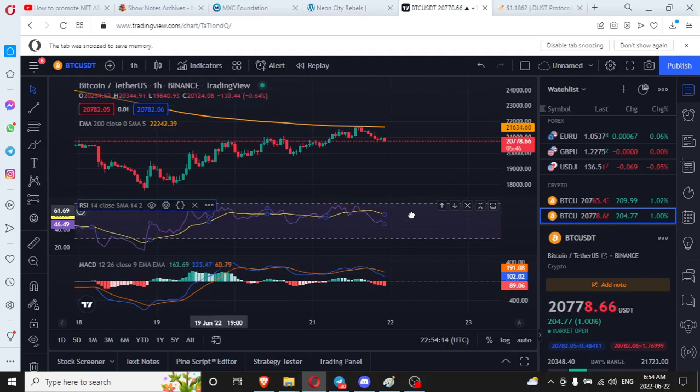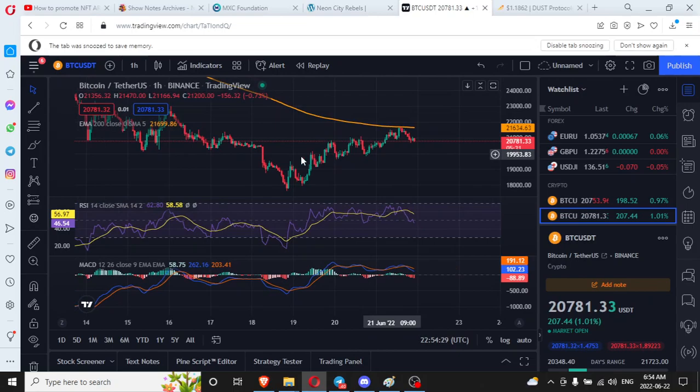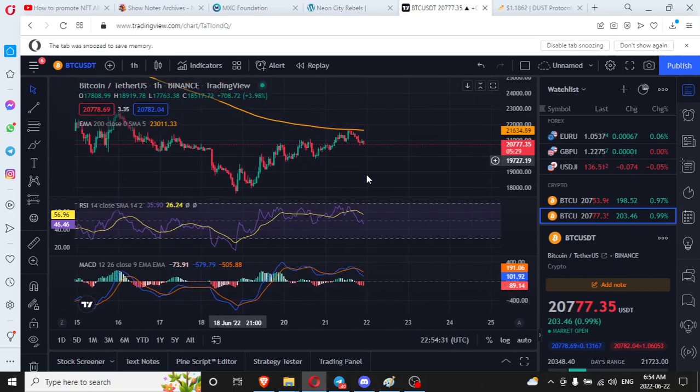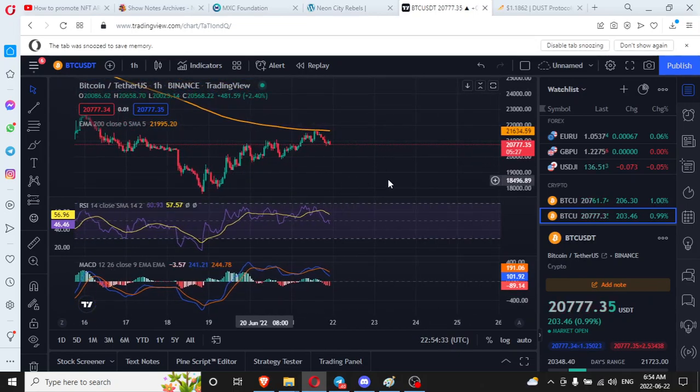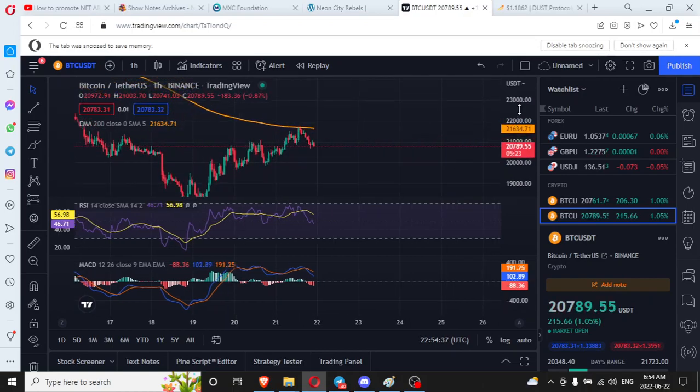In some occasions, you see how MACD is still here, but RSI is already here. This wouldn't be very good. You want these two indicators to line up. Once they line up, you have a much better chance of winning the trade.